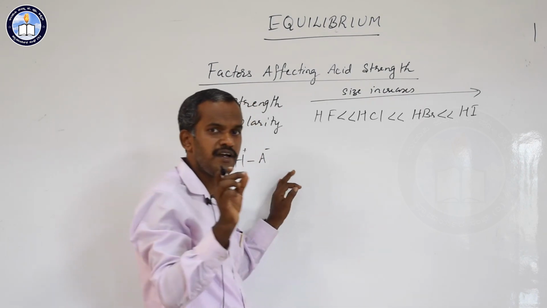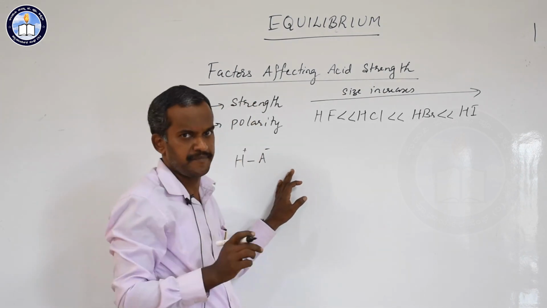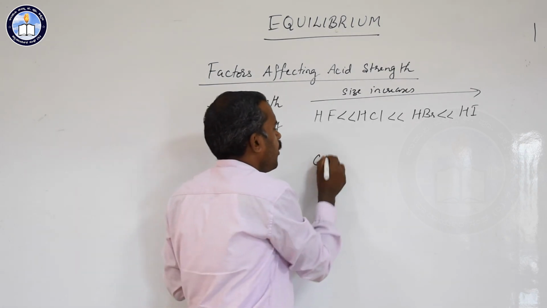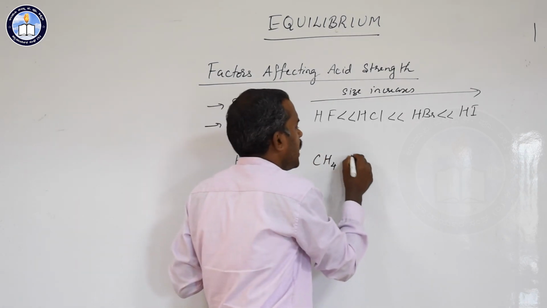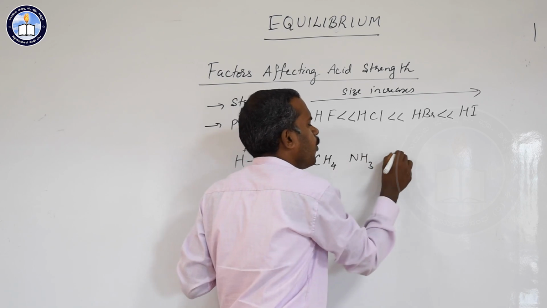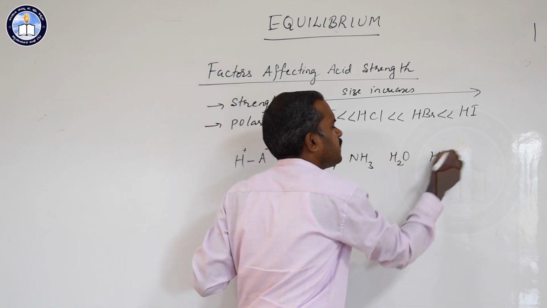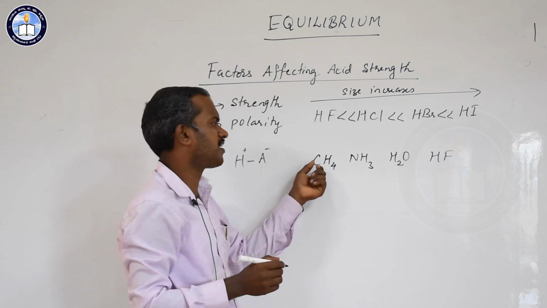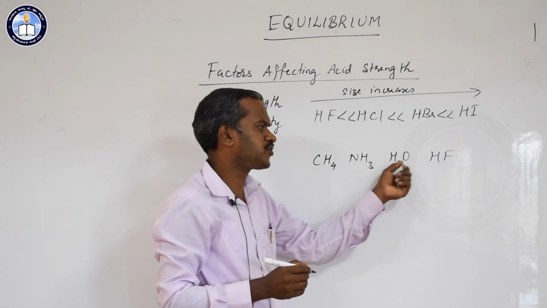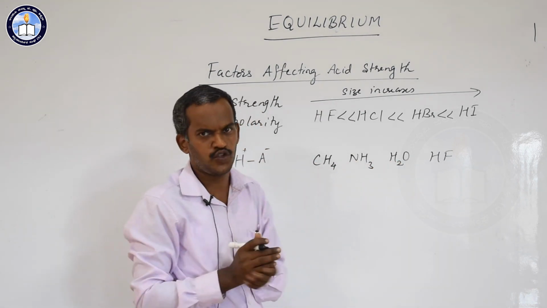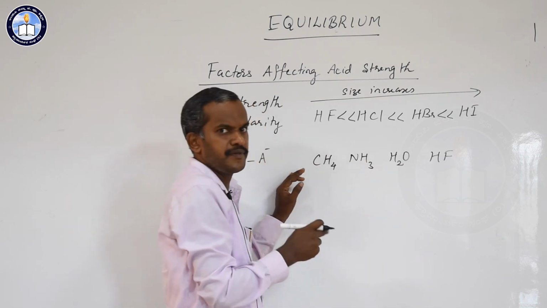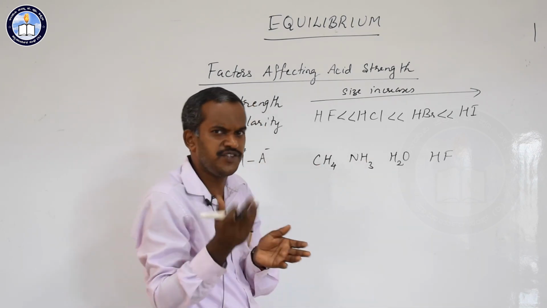Now consider the elements in the same period. Let me take the example of methane, ammonia, water and HF. Carbon, nitrogen, oxygen and fluorine are in the same period. So along the period, the atomic size is decreasing.